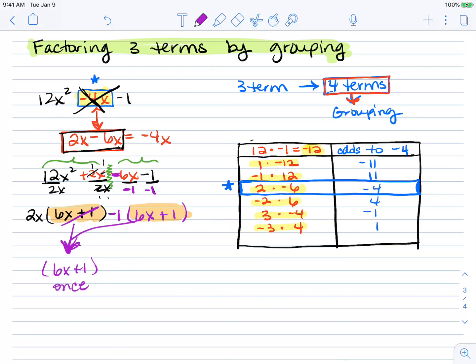So I don't write that down twice, just once. Then what I'm looking for is what's left over. What didn't I pull out of this polynomial? Well, this is left over and that's left over, and I'm just going to write those down in parenthesis groups. And now I have completely factored my polynomial by grouping.